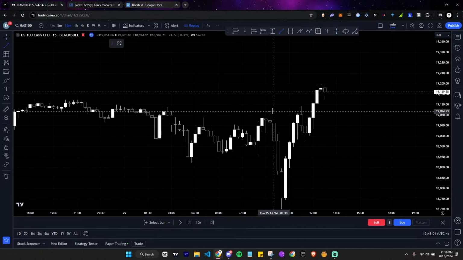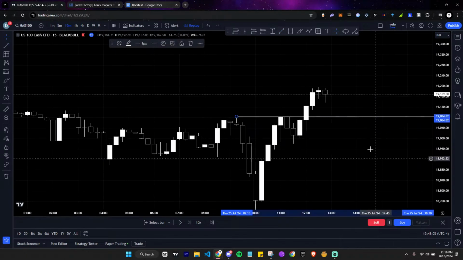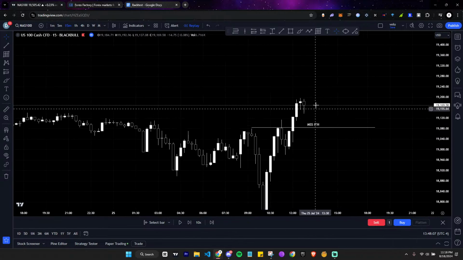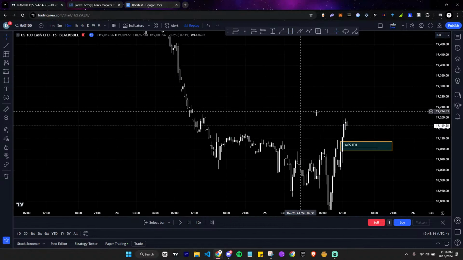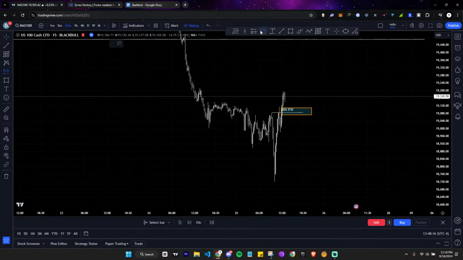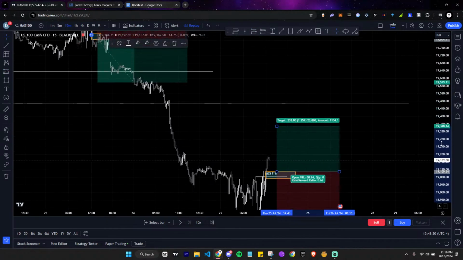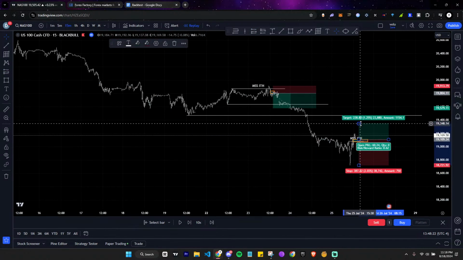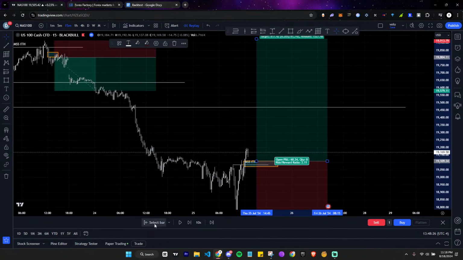As you can see, we had a market internal term high broken. Now what we're looking for is this fair value gap. It's unmitigated, which means it's not wicked into, so therefore it's valid. Now let's take this trade from here all the way to the top. It's a 2.11. Let's see if it's worth it.